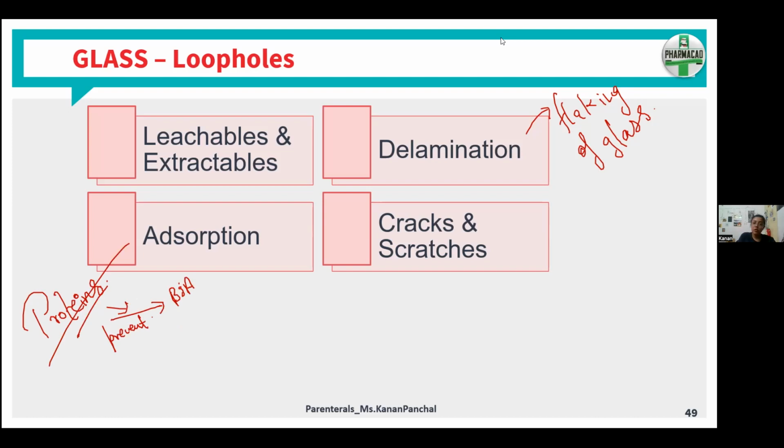Yeah. You all forgot also. No, I had explained adsorption right then and there. Remember? And then another problem are your cracks and scratches.